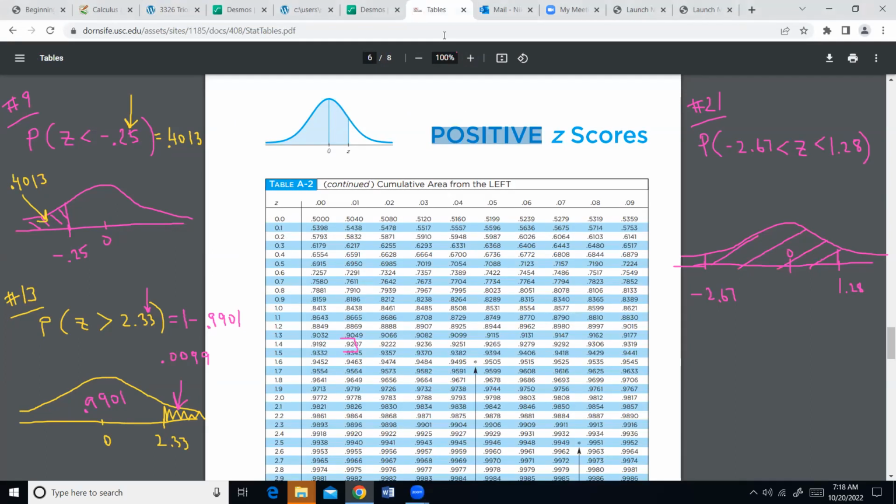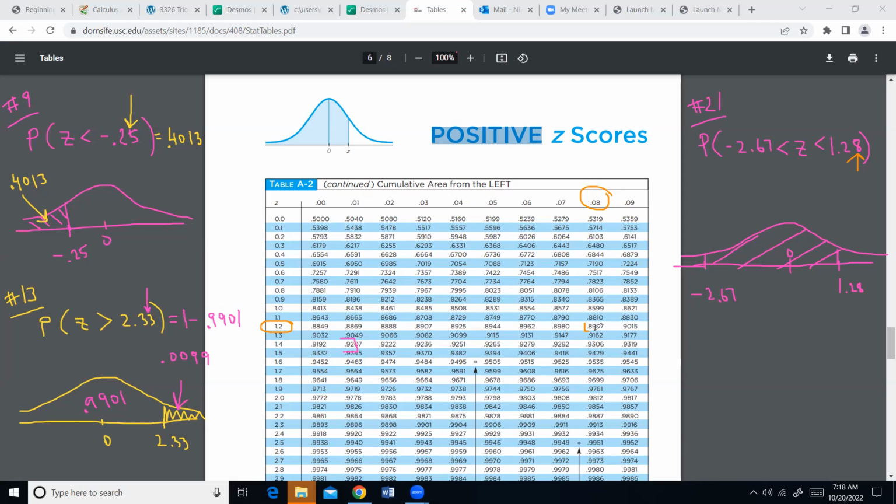So it looks like I'm on the positive page, so I'm going to look at the 8, right? Hundredths. So I'm going to take 1.28, in other words. So 1.2 is here, 0.8 is right there. So the row and the column will meet, you see, at this number.